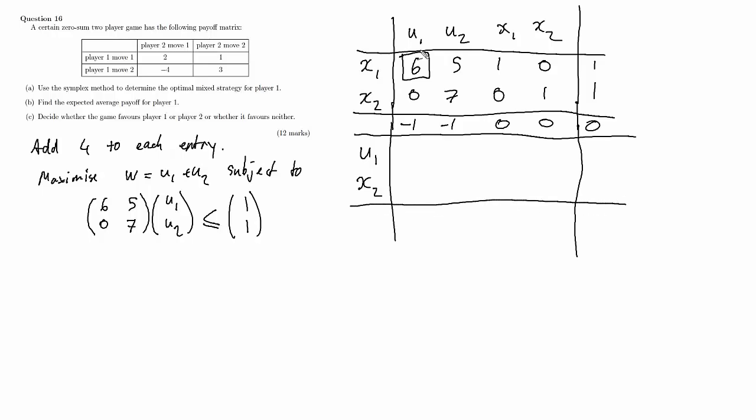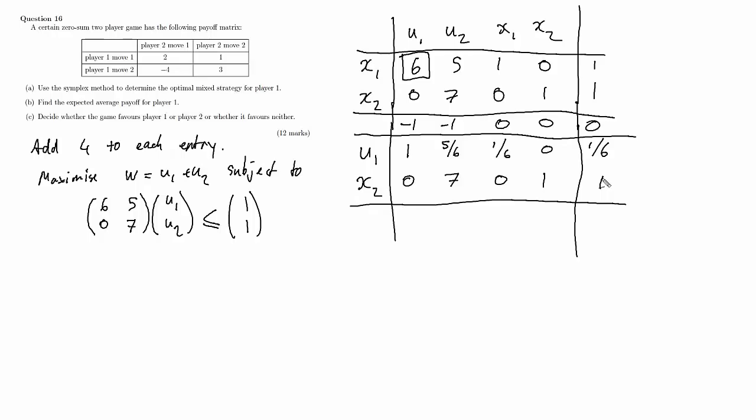We want to turn this 6 into a 1, so we divide that entire row by 6. 6 divided by 6 is 1, 5 divided by 6, 1 divided by 6, 0 divided by 6 is 0, and 1 divided by 6. And we want to make everything else in that same column a 0. We already have a 0 here, so we can leave this row the same.